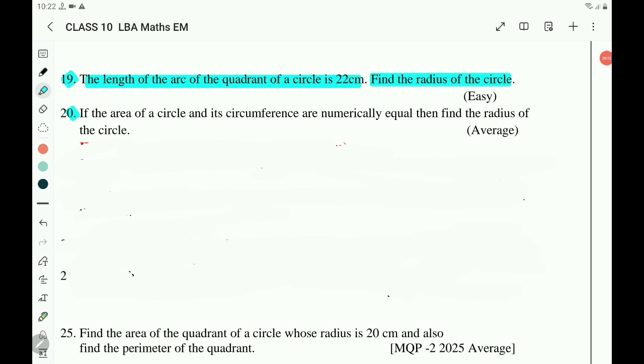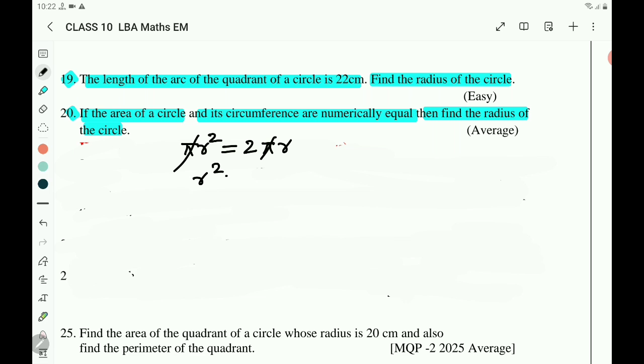Question number 20. If the area of a circle and its circumference are numerically equal, then find the radius of the circle. Here it is given that the area of the circle, pi r square, is equal to the circumference. Circumference is 2 pi r. Then you can cancel pi.